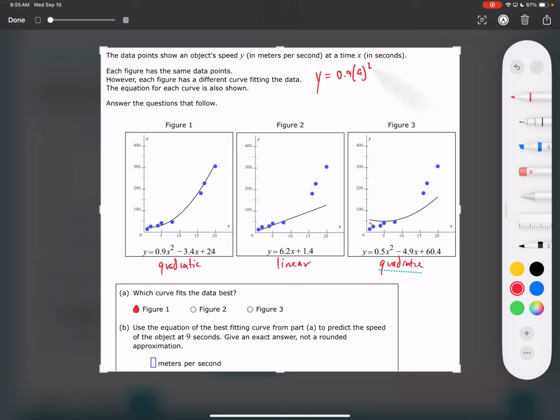0.9 times 9 squared minus 3.4 times 9 plus 24. So 81 times 0.9 is 72.9. 3.4 times 9 is 30.6 plus 24.